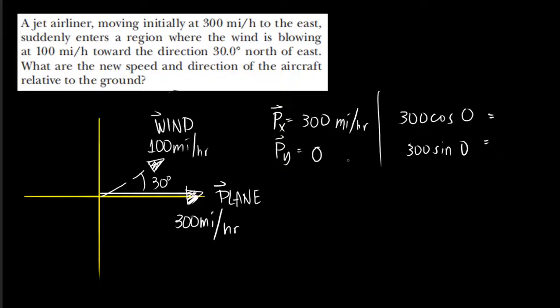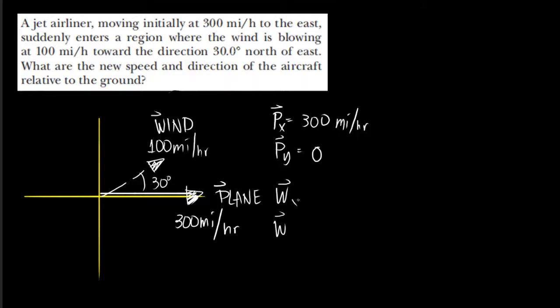Okay? As for the components of the wind, for Wx, we have 100 cosine 30. And Wy is 100 sine 30.